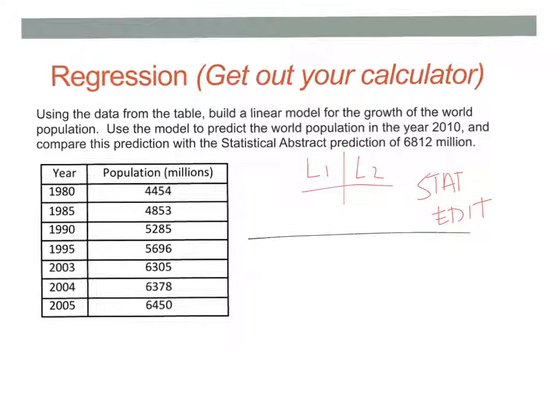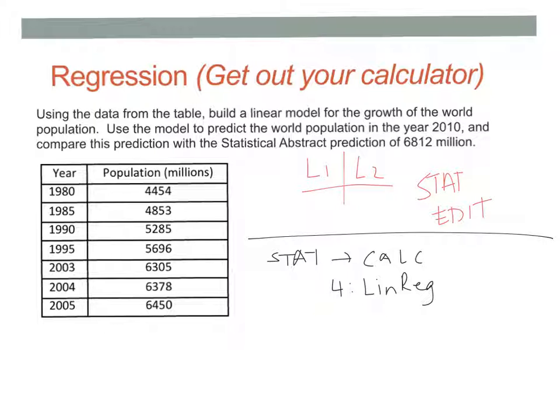Okay, so once you do that, you press stat. You go over to calc. And I don't know what option it is, number 4, yeah. Use number 4.